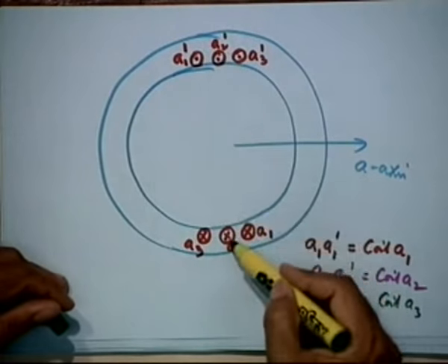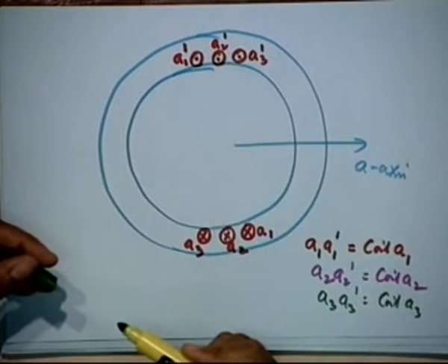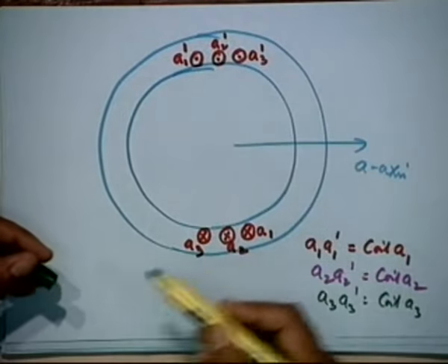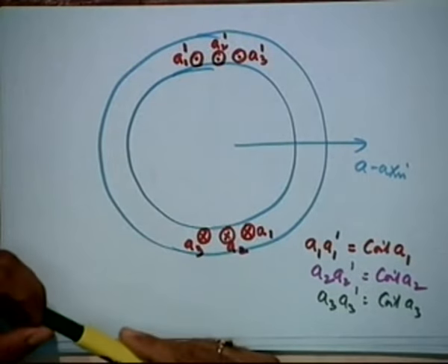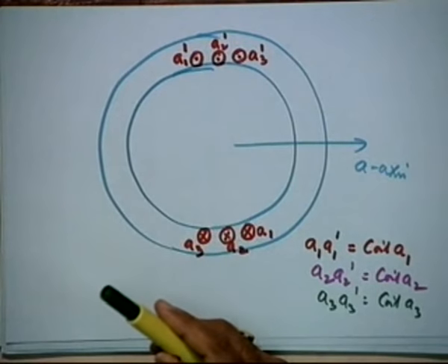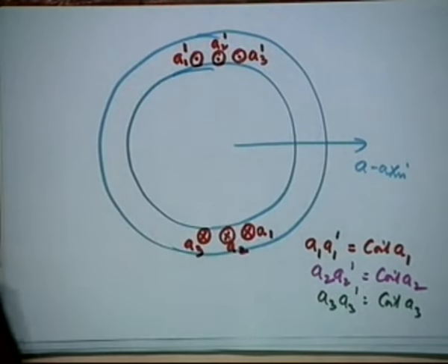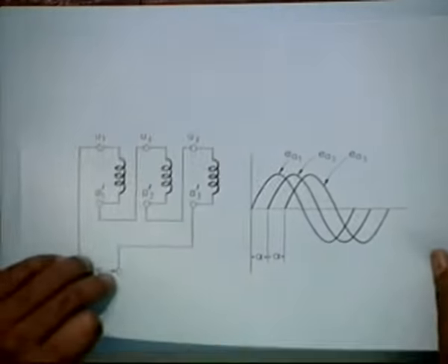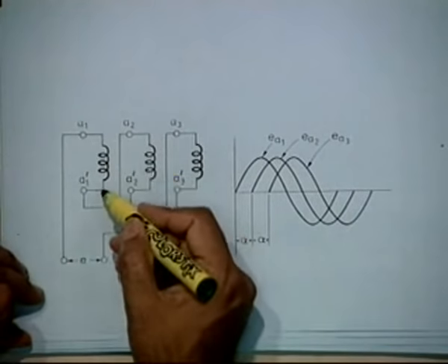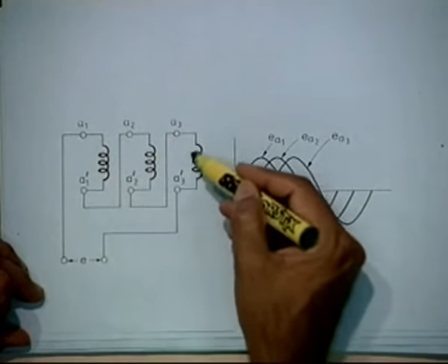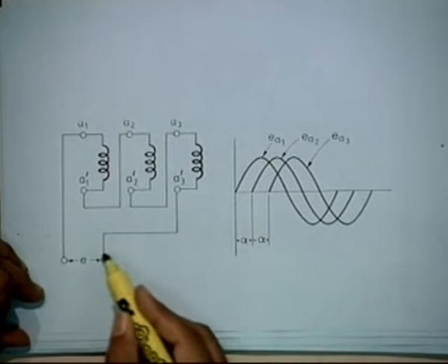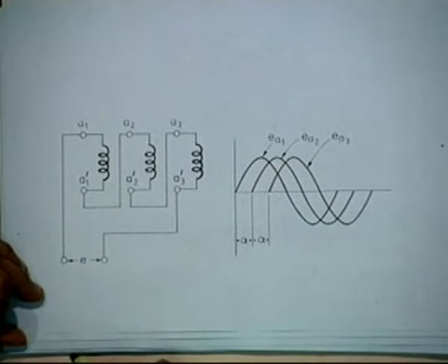Earlier we only calculated the voltage across each one as 4.44 FN phi for one coil. Now we have 3 coils, and these 3 coils can be connected in series. After all, you have 3 coils, and as shown here, A1 dash, A2 dash, A3 dash, and they are connected in series. So the voltage across this will be the E here.